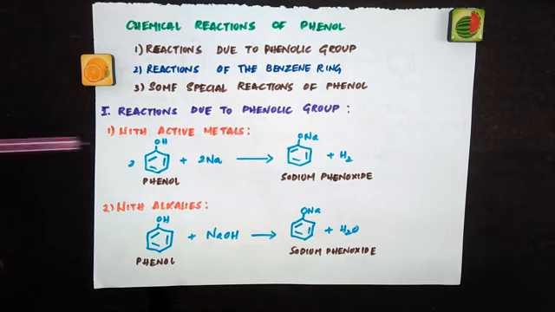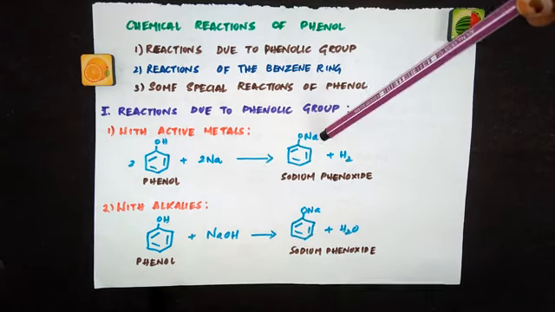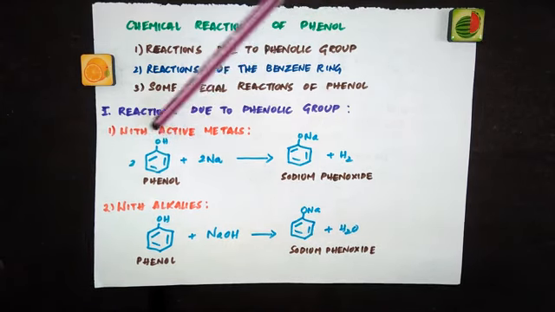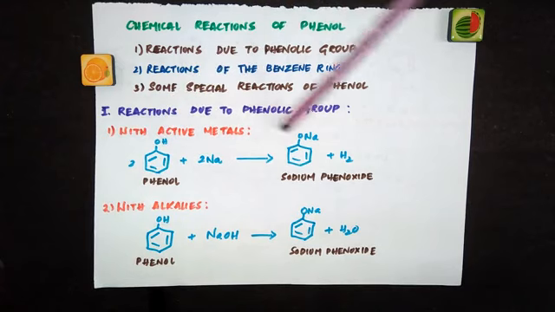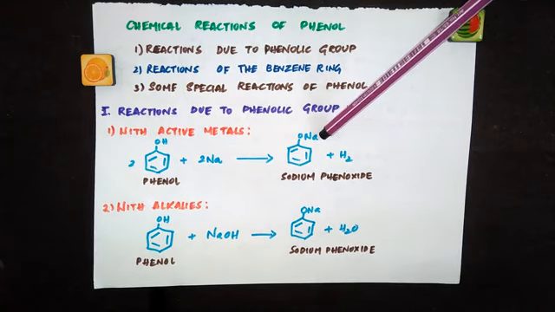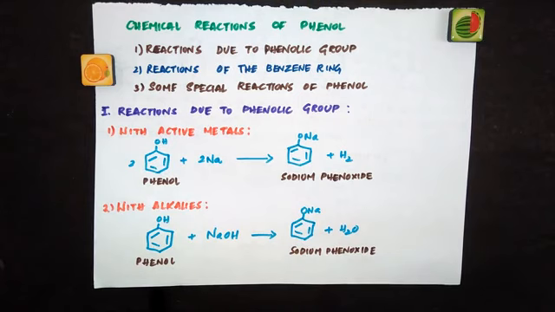Now this reaction of phenol with metals like sodium shows you the acidic nature of phenol. So when phenol is treated with sodium, it gives you ONa. So this is a phenolic group, in this OH, what is coming here? ONa. We call this sodium phenoxide, and hydrogen gas is evolved.